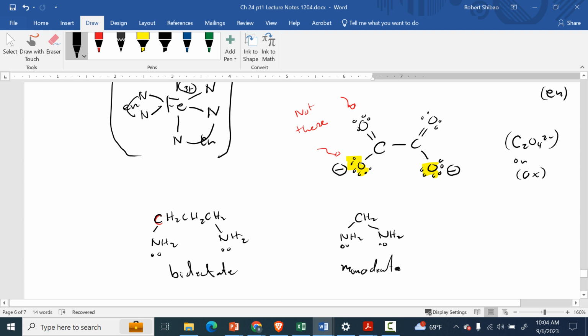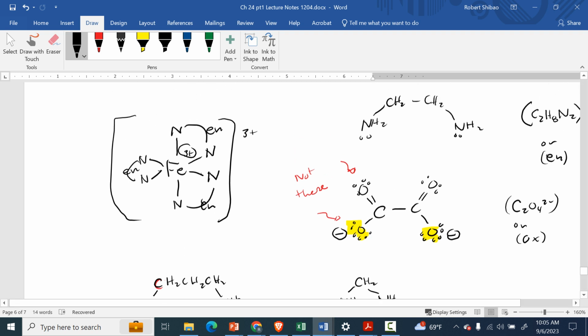Like we might have a carboxylate group on one side and an amine group on the other side, as in amino acids. Amino acids have amine on one side and a carboxylic acid group on the other. So we deprotonate that, then we can have a bidentate ligand potentially, when there's a metal around.